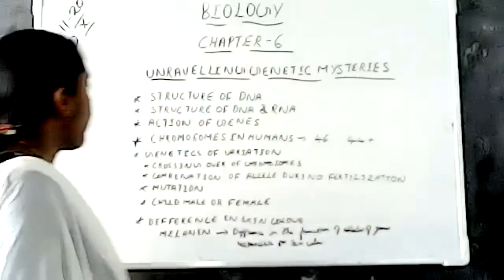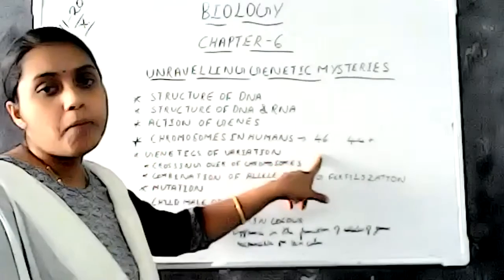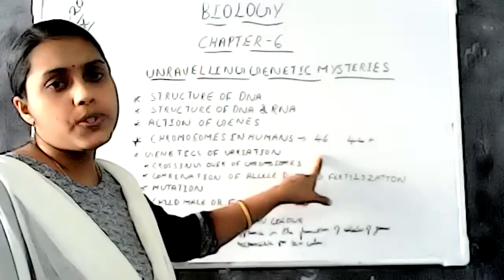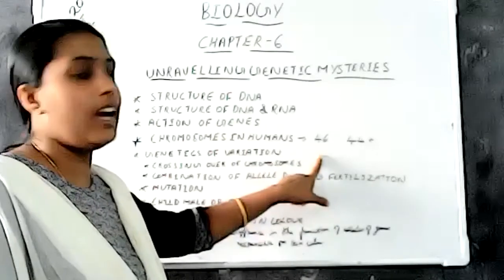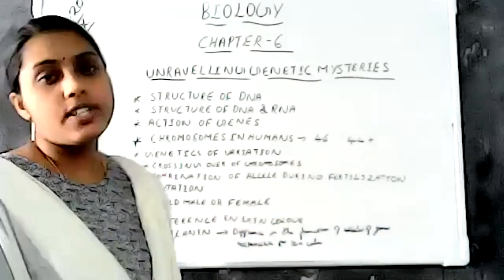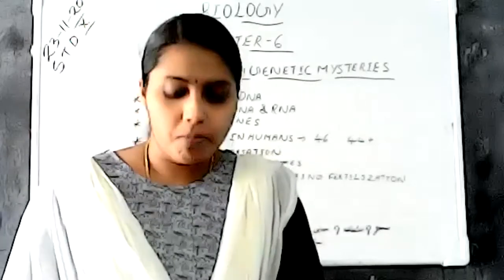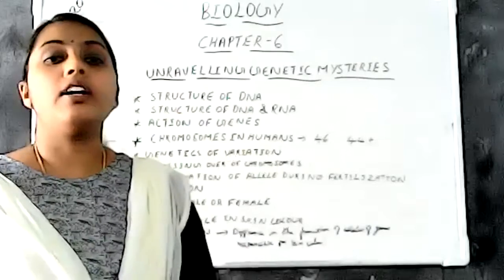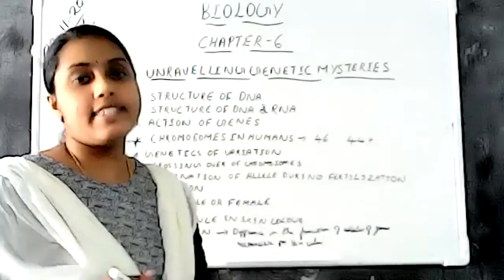Okay, then next is about the chromosomes in humans. The total number of chromosomes present in a cell of a human being is 46. Of these 46 chromosomes, 44 chromosomes are somatic chromosomes, and 2 chromosomes are sex chromosomes.